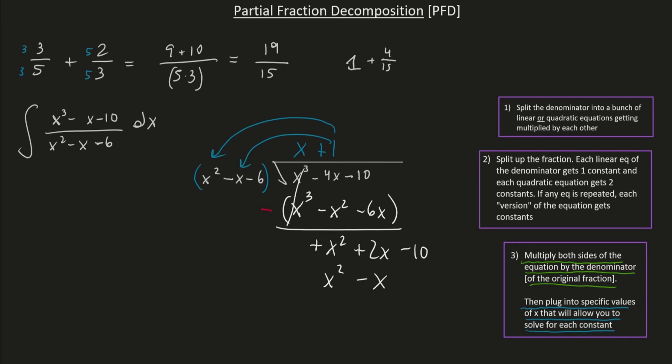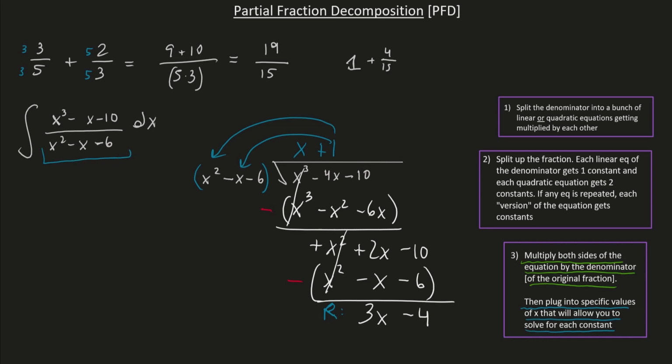And positive 1 times negative 6 is a negative 6. And of course, we are subtracting this whole quantity. The x squareds cancel, just like we designed it to. 2x minus a negative x is a 3x. And negative 10 minus negative 6 is a negative 4. So this thing is our remainder.